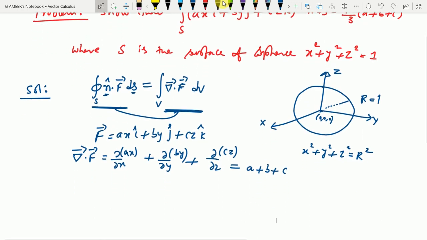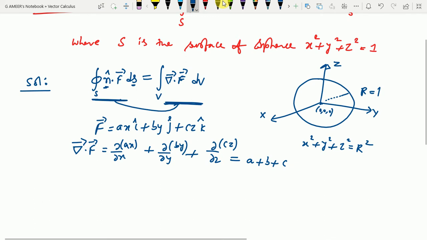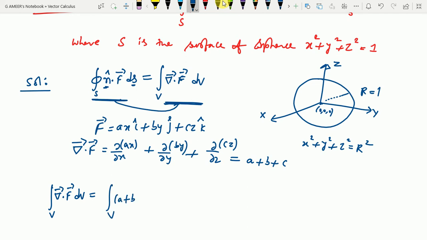Then according to this theorem, whatever we need to calculate is equal to the volume integration of divergence of f dV. Divergence of f is a plus b plus c, so let us pull out the constant a plus b plus c. Then what is remaining is the volume integration dV.